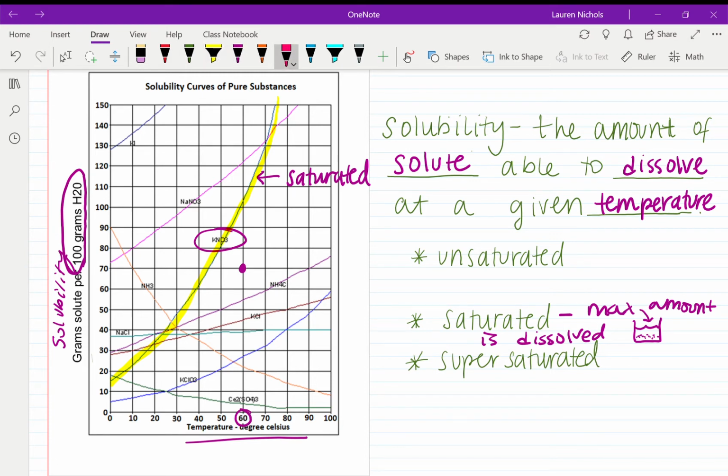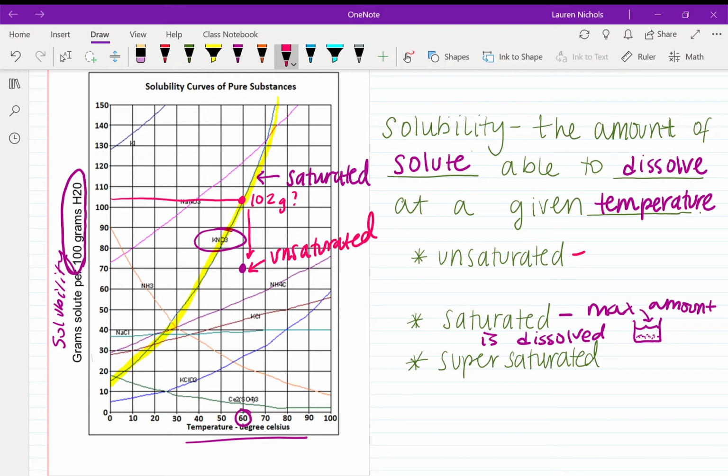At 60 degrees, the saturation point is somewhere in there, maybe 102 grams, perhaps, given a guess, but we are at 70. Because it is below this saturation point, we would say that this is an unsaturated solution.